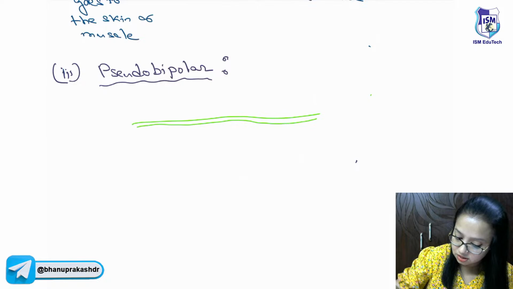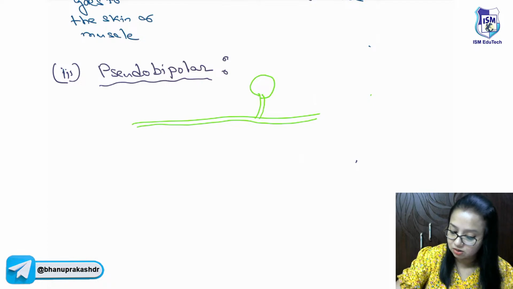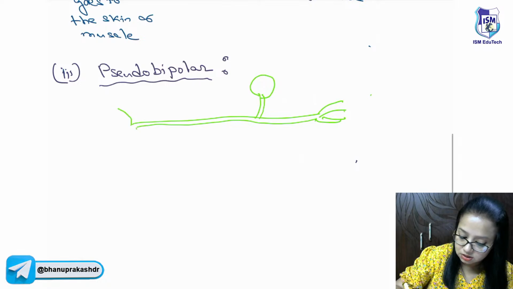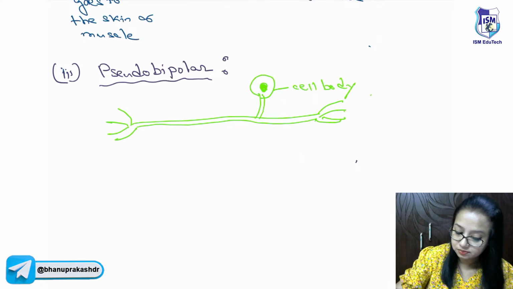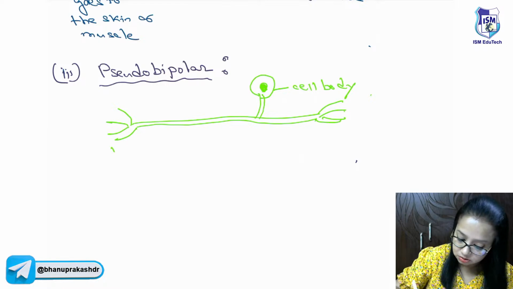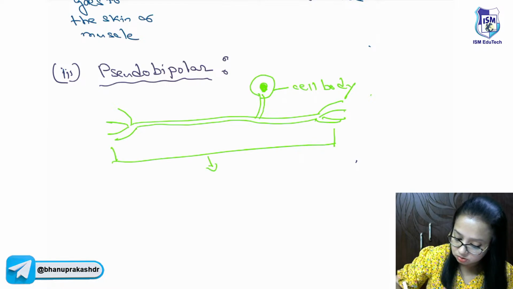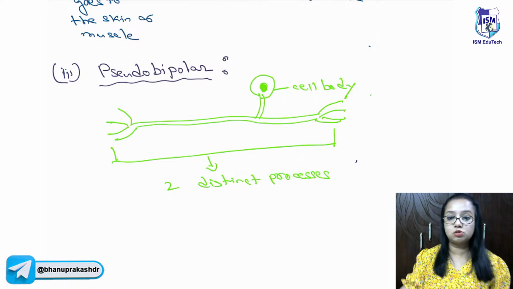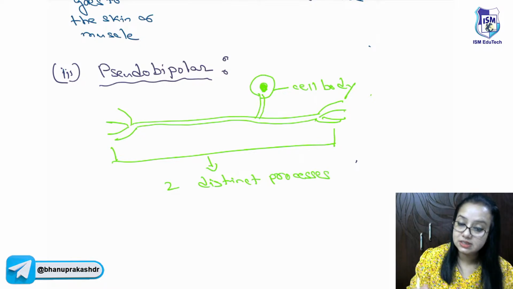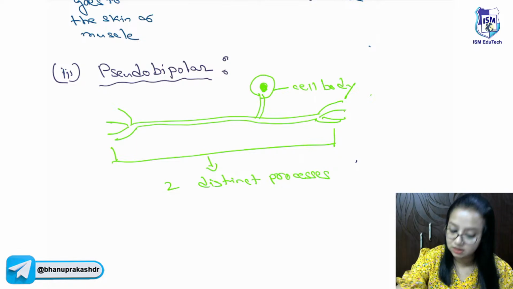This is the axon, and there is a cell body sticking out, but unlike the unipolar, it has got two distinct processes. Through one area they receive and through the other area they send out the impulse.